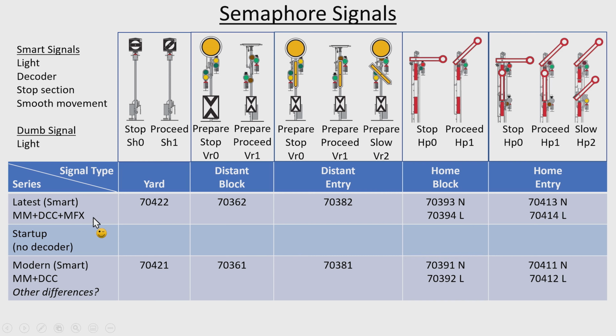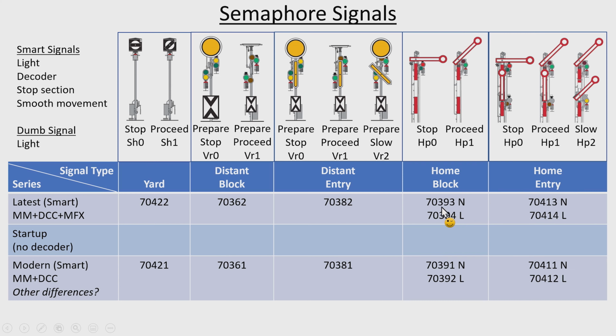If we look at the series Märklin has on these signals, the latest edition, which is a smart edition, it actually has all of the variants here. If you note under the home and entry, there's an N and an L behind it. That's because the mast can come in two different versions depending on the number.